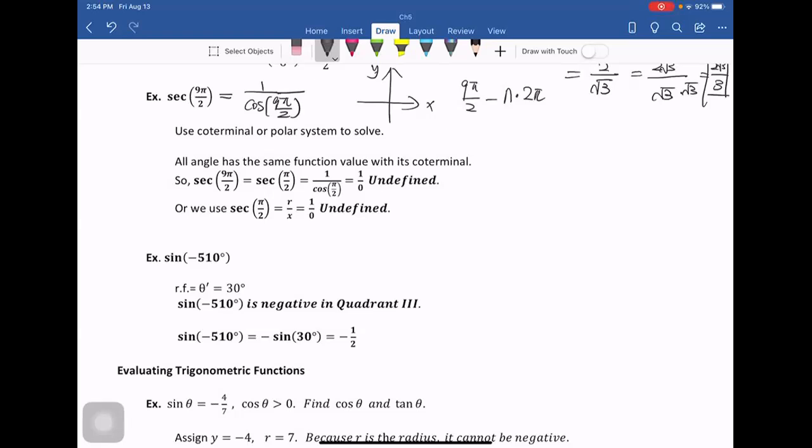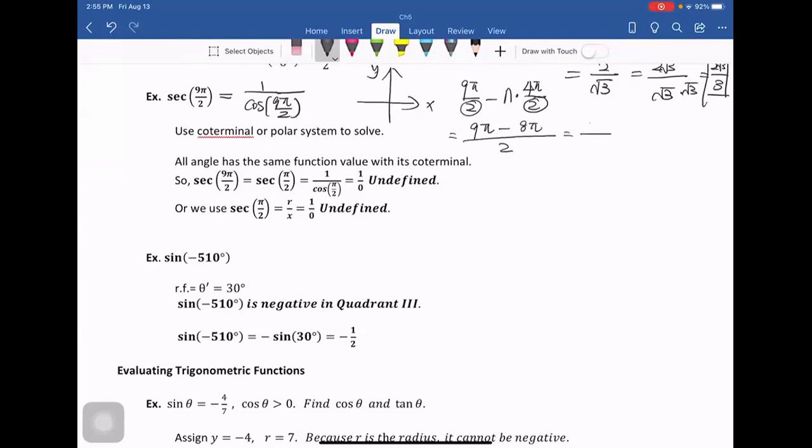So 2 pi can be written like 4 pi over 2, to make them have the same denominator. So if n is 2, 9 pi subtract 2 times 4 is 8 over 2.